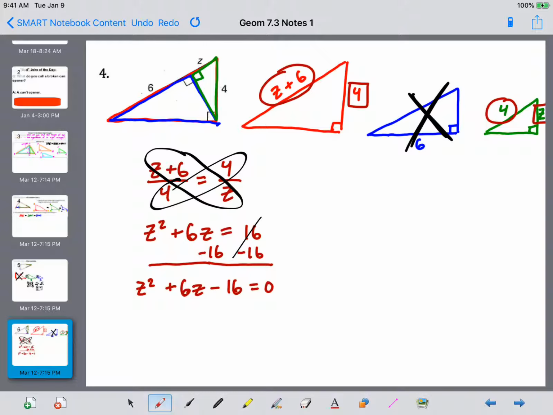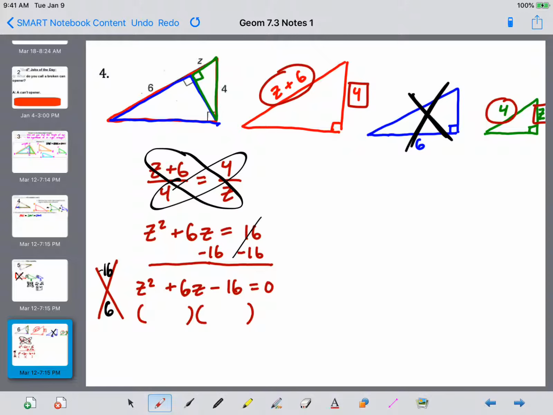And to help us factor this, what we are trying to find is two numbers that multiply to give us negative 16 and add up to 6. And a lot of times in Algebra 1 we call this the diamond method. Basically we're just trying to figure out what two numbers go in as our factors here.